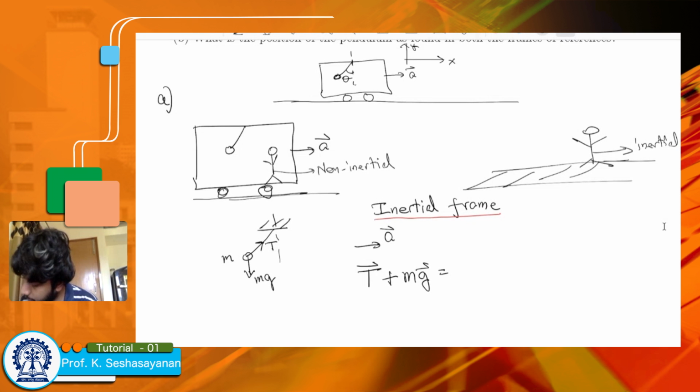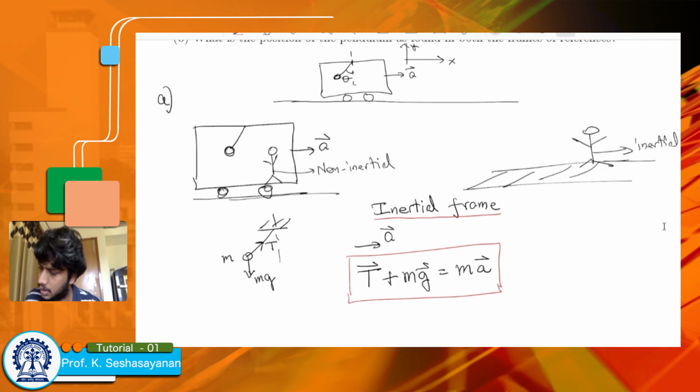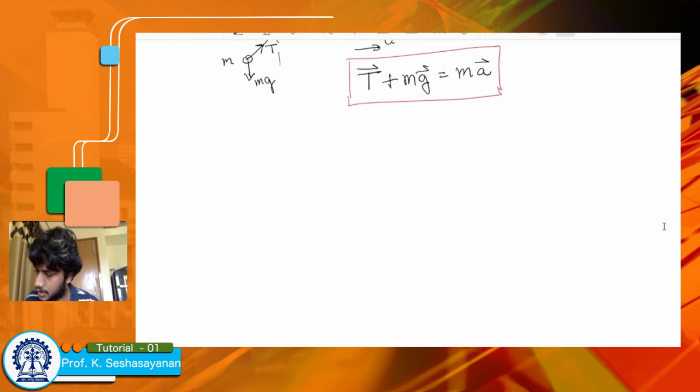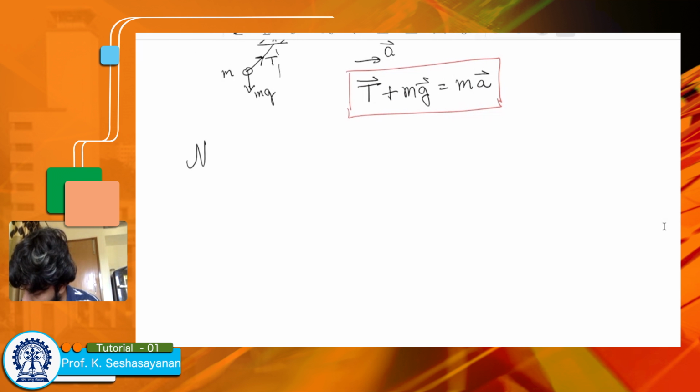So this is nothing but the mass times the acceleration of the body or the pendulum, the mass m. So it's mass times acceleration. The inertial observer knows that the train is accelerating at an acceleration a. So you would say that T plus mg is equal to m times a. So this is the force balance for the inertial observer. So next is the non-inertial frame.